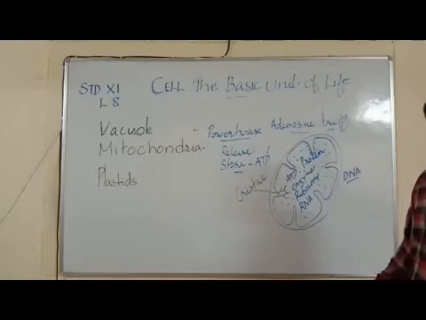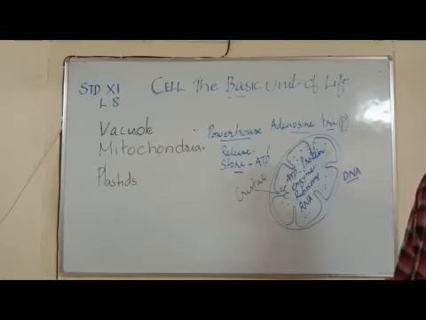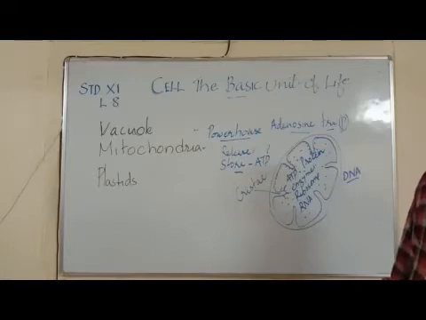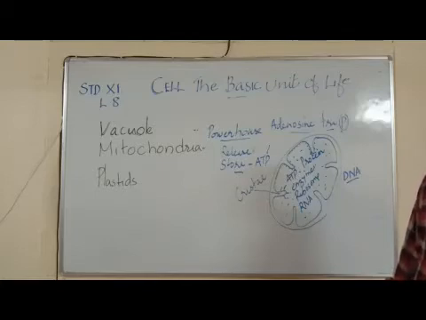Vigorously moving animals like cheetah, leopard, tiger, all these animals, even human beings, have a number of mitochondria, more than other organelles, and also more than in plant cells. So we can understand that mitochondria is a very, very important organelle, and it is essential and vital for survival.